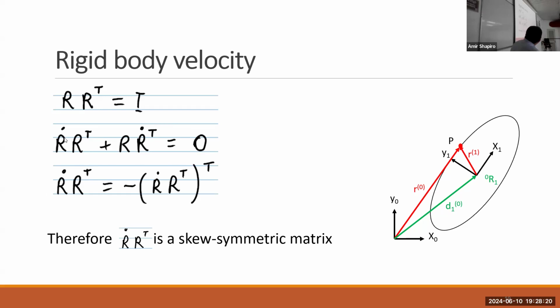We see here that we have R dot R transpose on the left. We take this to the right. And we take the transpose of everything. So the transpose of R dot R transpose is simply R R dot transpose because we change the order and put transpose on each.